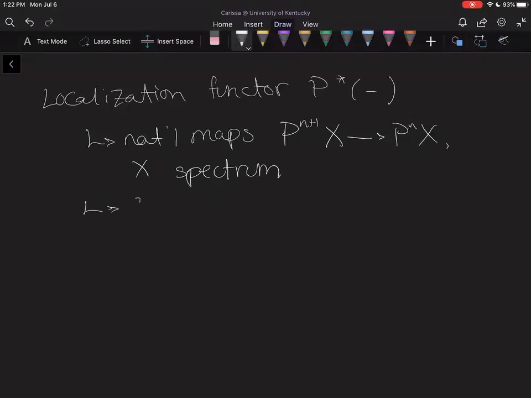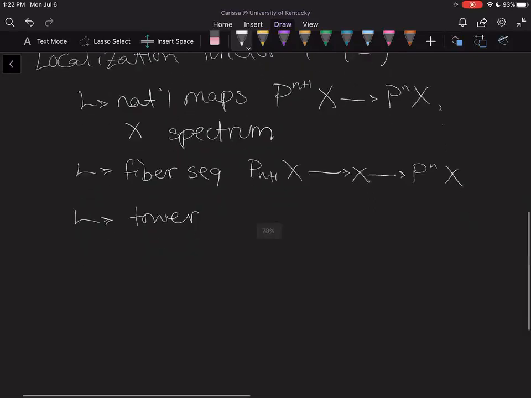We have fiber sequences: P lower n plus 1 of x to x to P upper n of x. I'll say what the P lower n plus 1 is in a moment. And then we also get a tower.